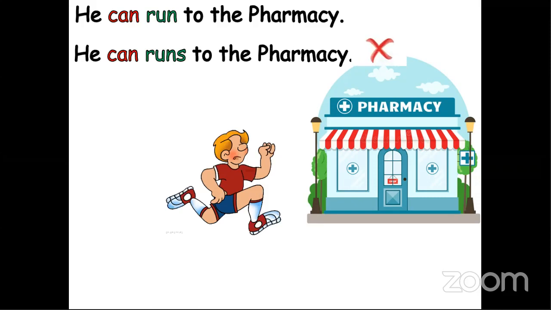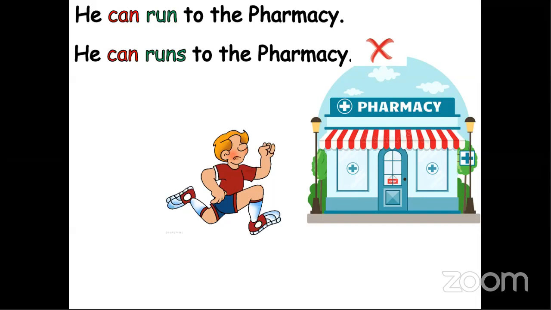This is a very important point to remember, that the main verb of the sentence will always be in the base form with modal verbs. So we can never change the form of the base verb, which is the base verb over here, run. So this is a characteristic when we are using modal verbs. Modal verbs are always used only with the base form of the verb and not with the other forms of the verb. So which are the other forms of the verb which we had? Which were the other avatars of the verb which we had?